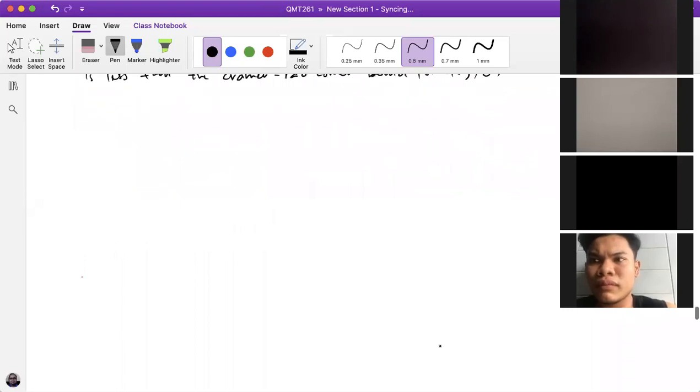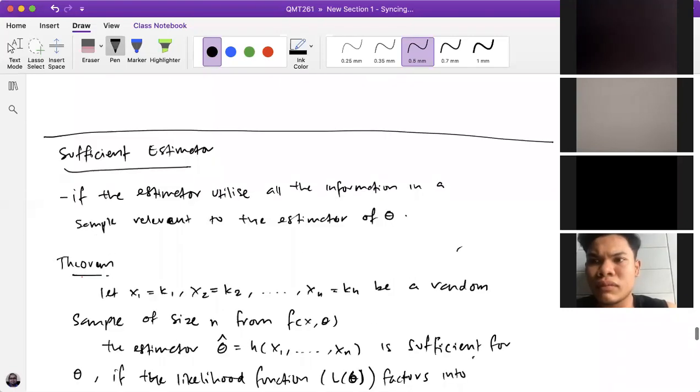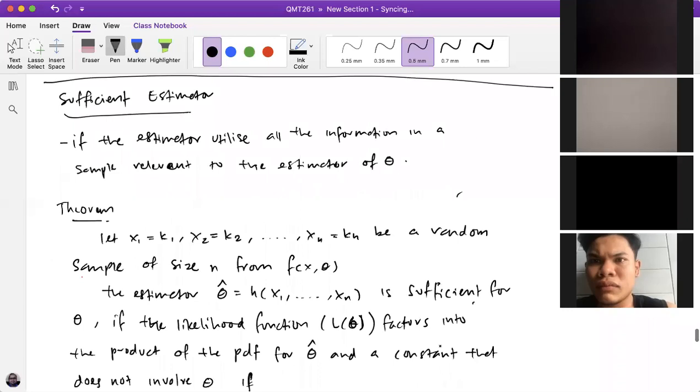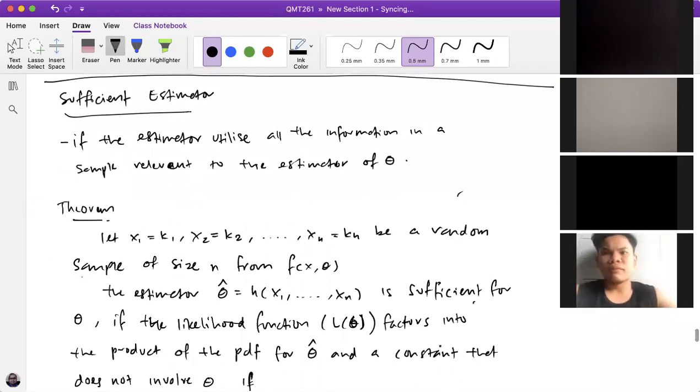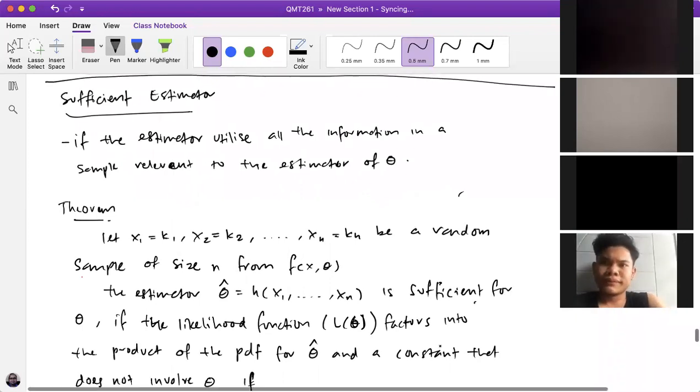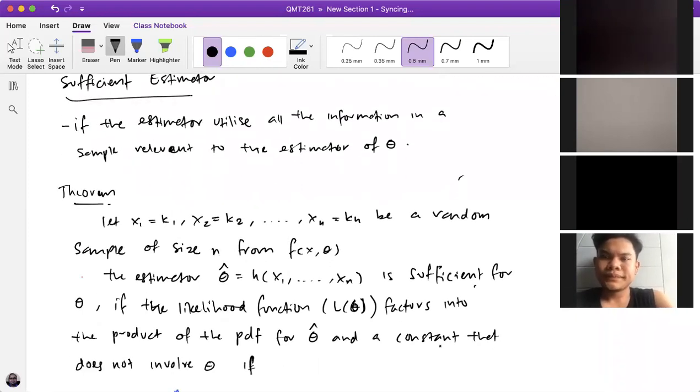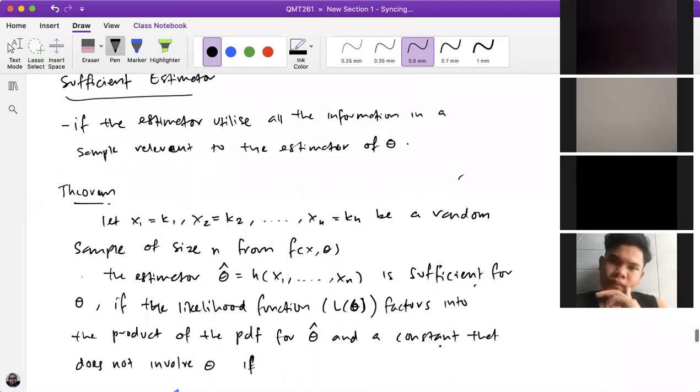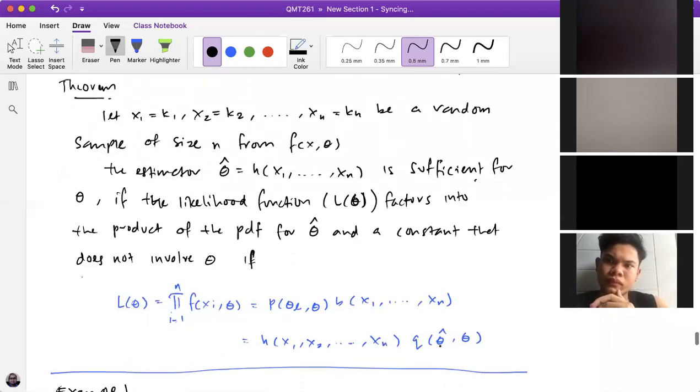So the last topic, sorry, this is not the last topic. This is the second last topic: the sufficient estimator. An estimator is sufficient if it utilizes all the information in the sample relevant to the estimation of theta. Look at theorem number 1, the theorem for a sufficient estimator.